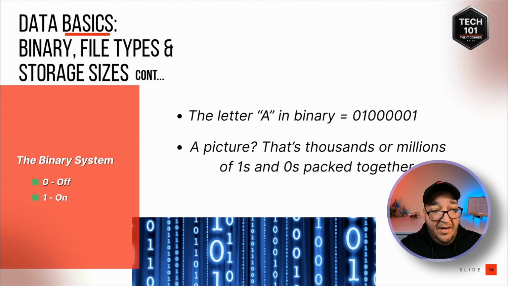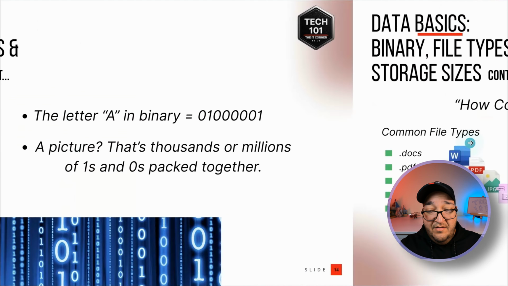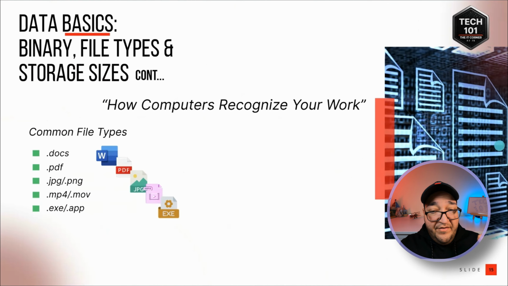Let's talk about how computers recognize your work. Let's break down just a few basic file types that you're gonna run into. .docx is a Microsoft Word document. .pdf is portable document format. Adobe is probably the most famous for PDF, but there are different types of PDF. That's just a file type, right?